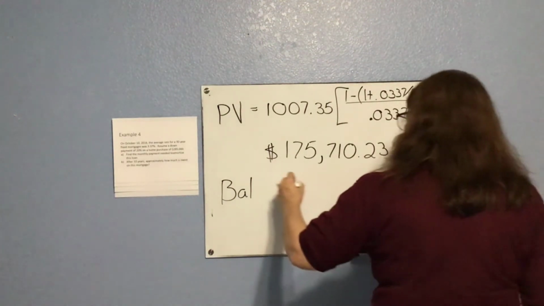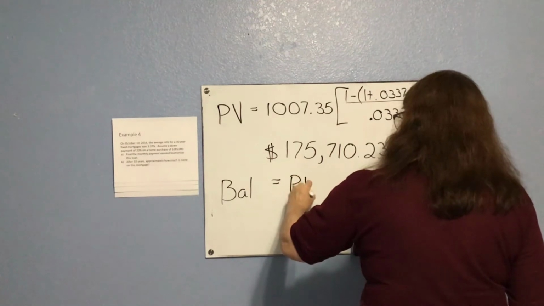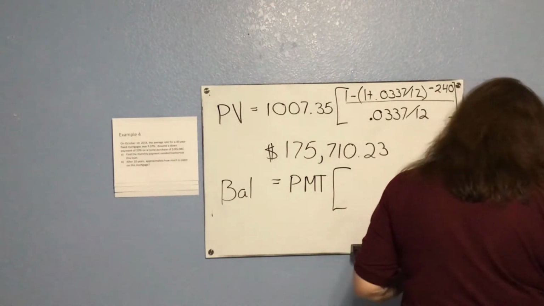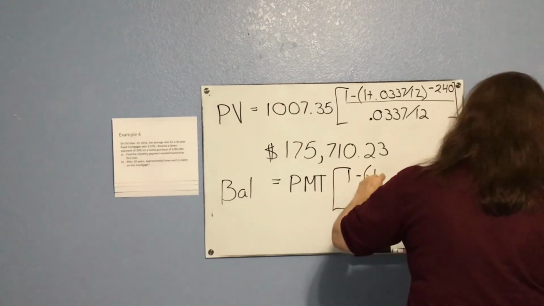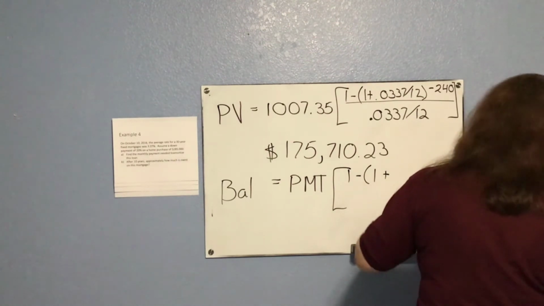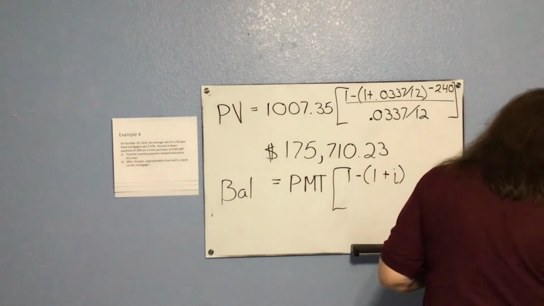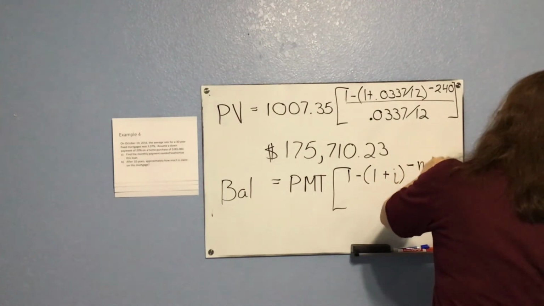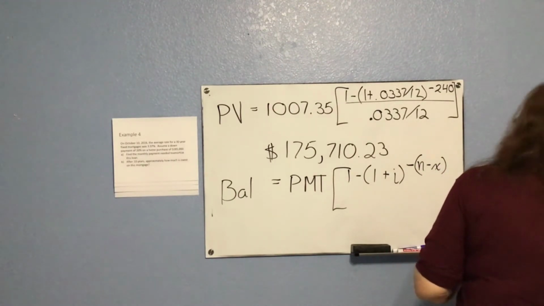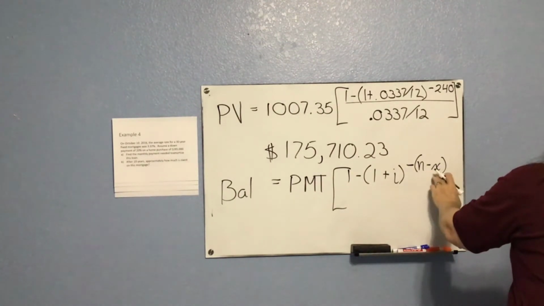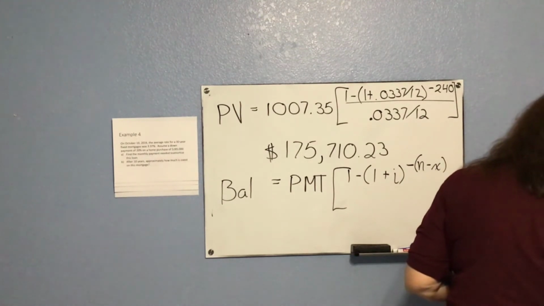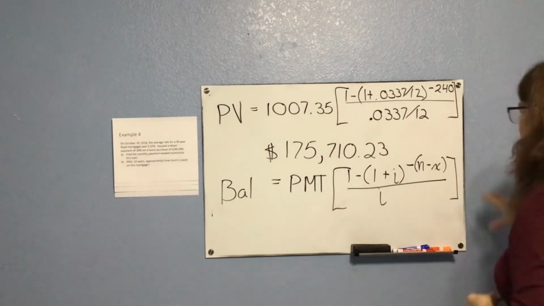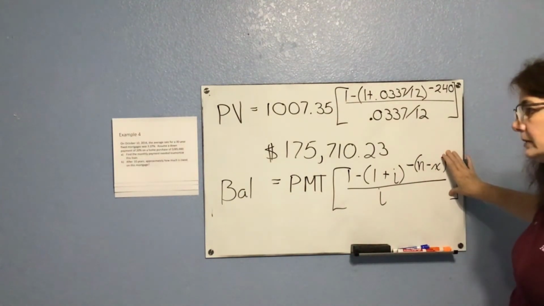My balance is equal to payment times one minus 1 plus the interest rate to the negative n minus x power, where n is the original number of payments and x is the number of payments I've made, over I. And this is an approximation, but it will get you pretty close.